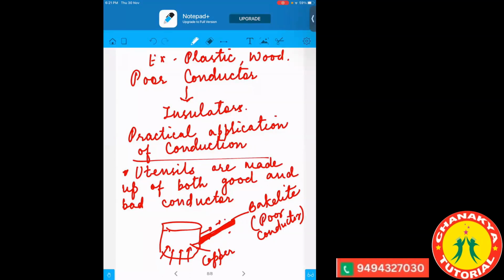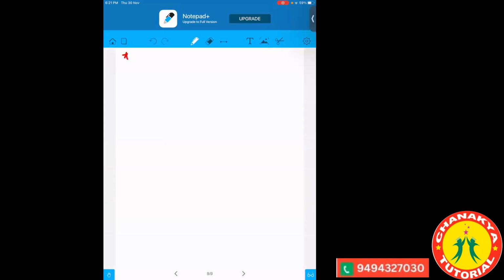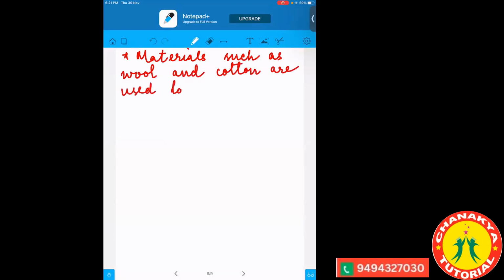Now, the second one is materials such as wool and cotton are used to make winter clothing. You might have seen that for making winter clothes, they basically use wool and cotton.